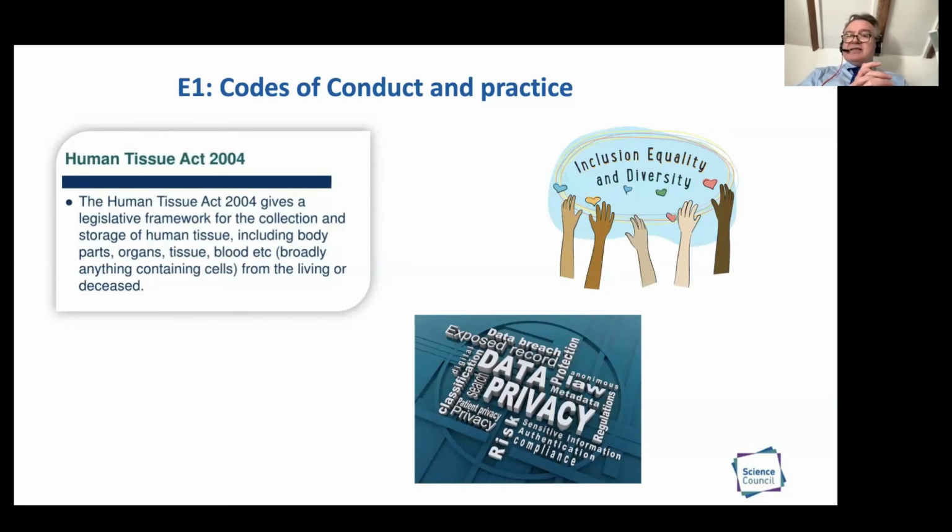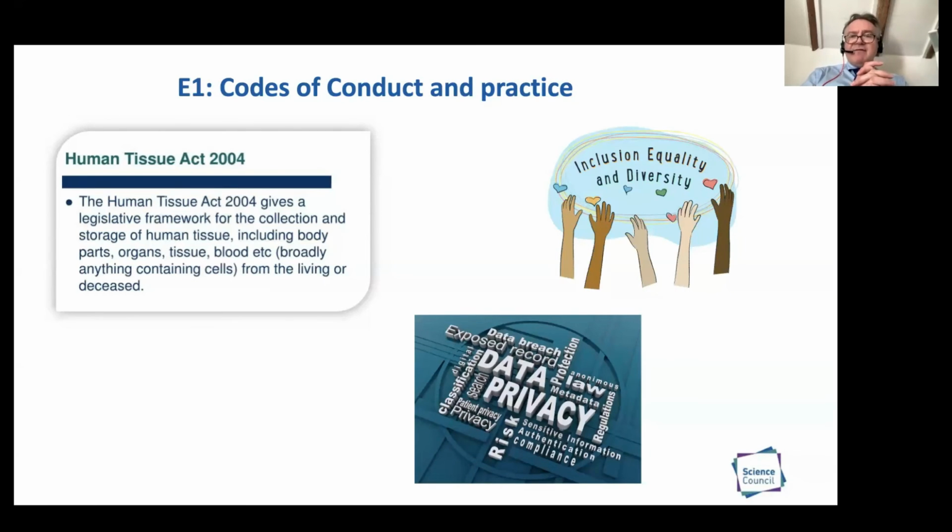They can include things like up-to-date equality and diversity and inclusion courses, and how you actually use those in your daily practice in, let's say, a multicultural environment. It can be about data protection, okay? How you actually go about archiving data in a GDPR compliant way. But it can also be other types of ethical practice.